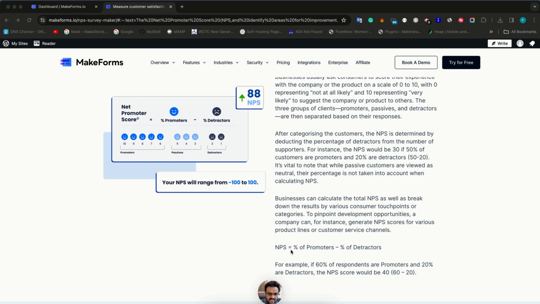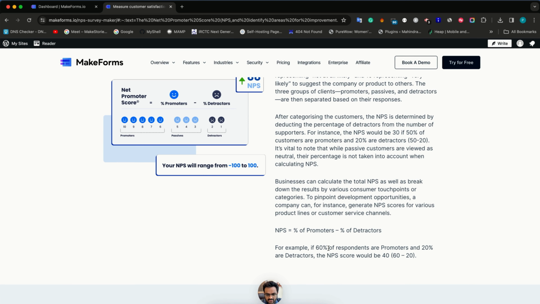NPS is calculated as the percentage of your promoters minus the percentage of your detractors. So let's say if 60% of your respondents are promoters and 20% are detractors, then your NPS score would be 40, which is 60 minus 20.